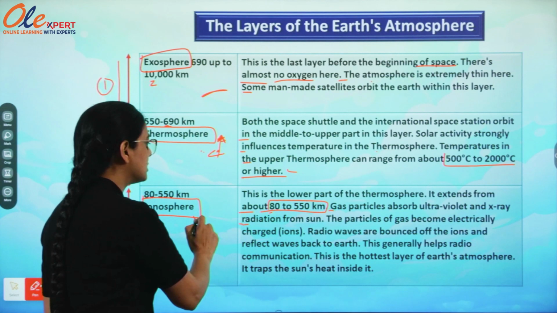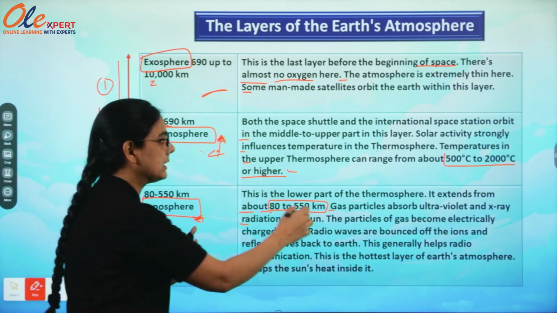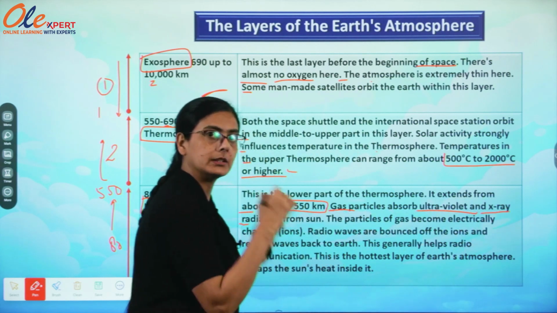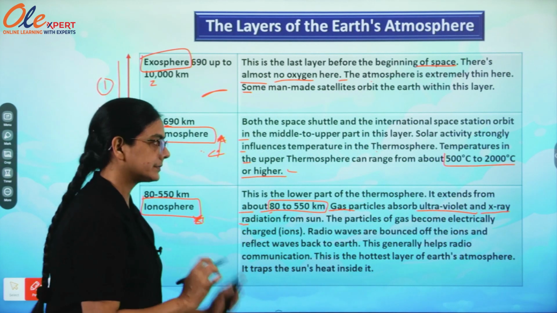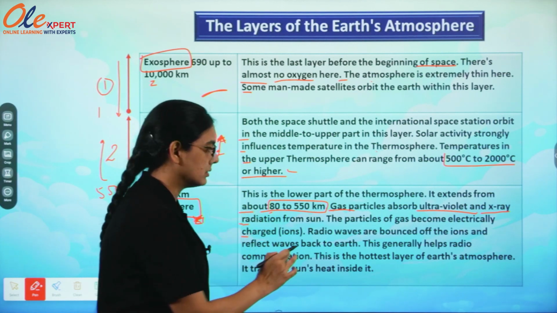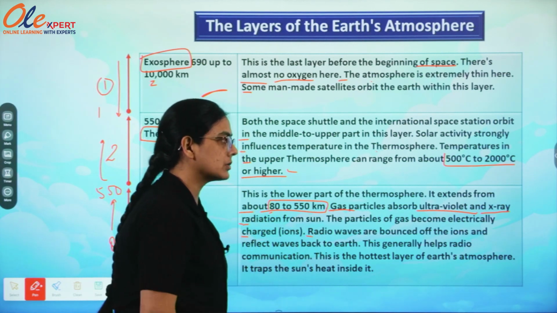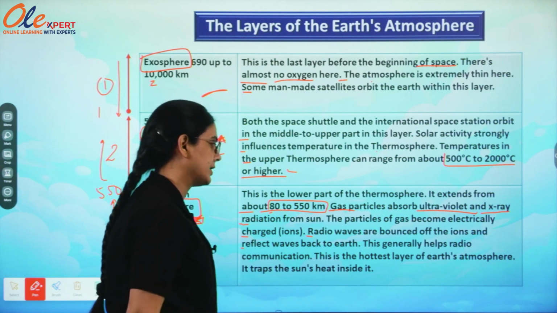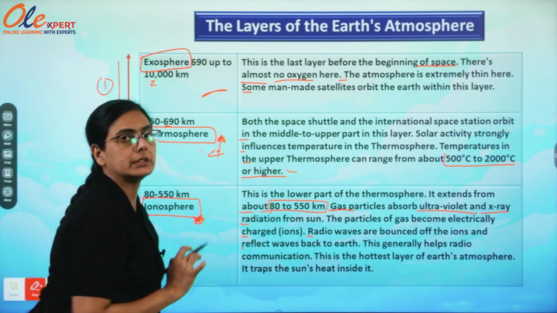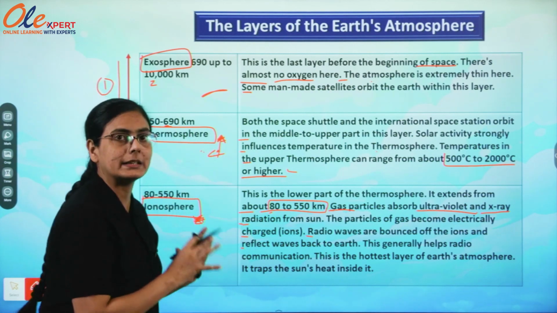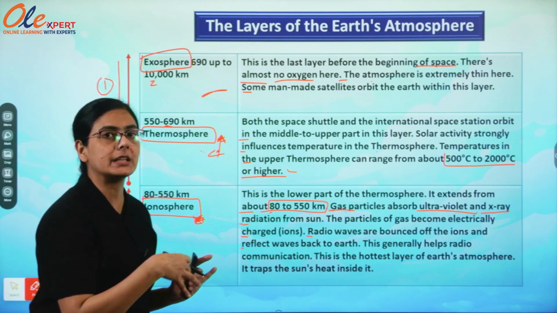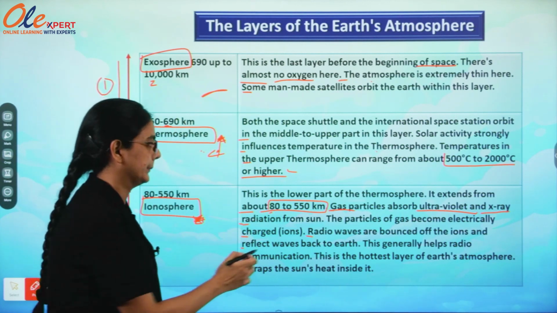The particles of gas become electrically charged ions. Radio waves are bounced off the ions and reflected back to the earth. These processes go on in this layer only. So, this is the most important layer till now, as it is receiving maximum heat of the sun.